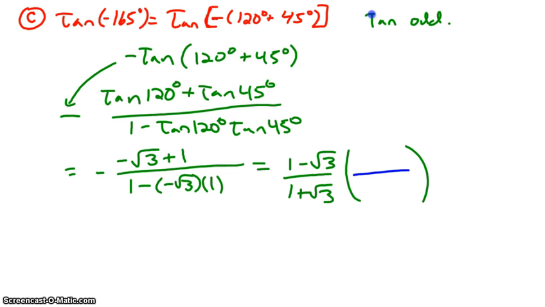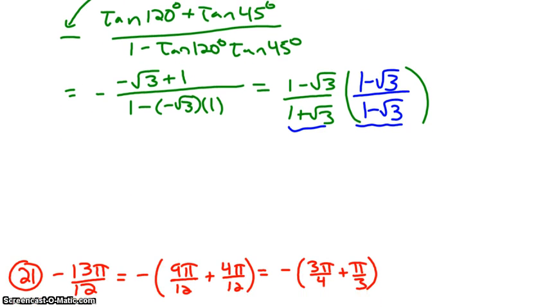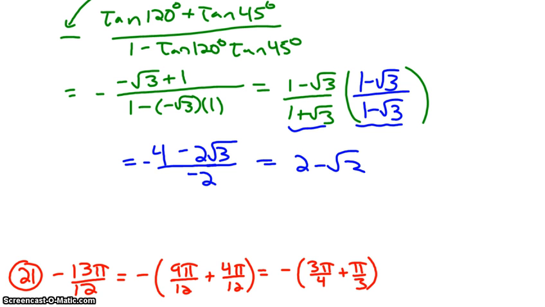Again, the rationalization will use the conjugate pair, 1 minus radical 3, and I need to do that on top as well. The last step then will be to do a couple simplifications where I end up with 4 minus 2 radical 3 all over negative 2, which will reduce to 2 minus radical 3.